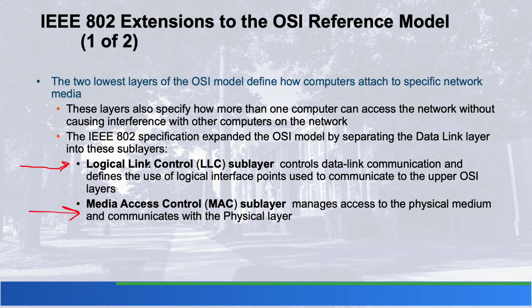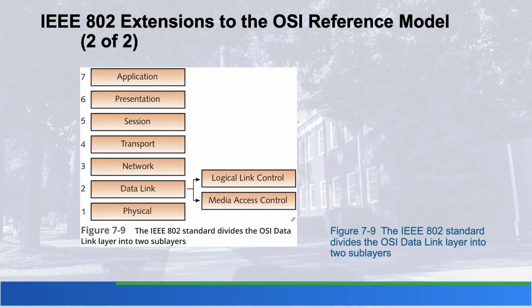LLC controls the communication between the logical interface and the upper OSI model layer, so it talks with the higher layers. And the MAC layer manages access to the medium and uses those physical addresses, the MAC addresses, on the network card. Here's a picture of what we just said.